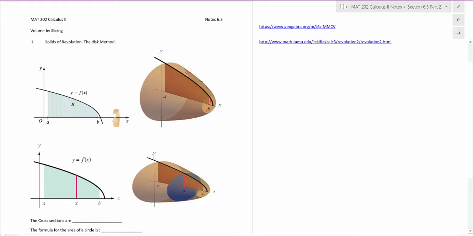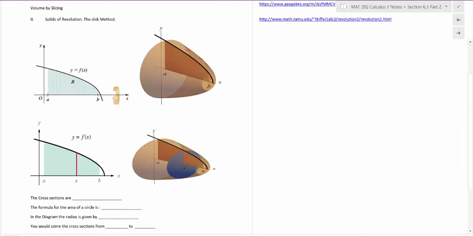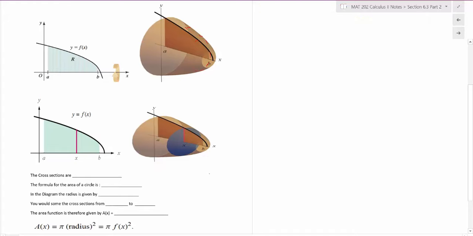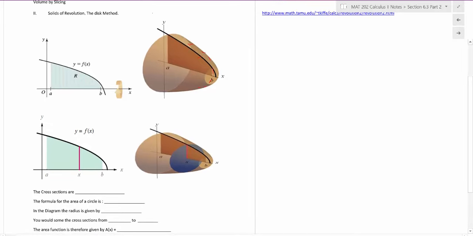The cross sections are circles. This second diagram shows this pretty well. Notice that you have different circles, and the circle kind of starts big, and then you get a very small circle towards the end. So a couple of things to kind of develop our formula are going to be these two ideas. So first of all, the cross sections are circles, and that's what we're going to be focusing on when we put together our integral.